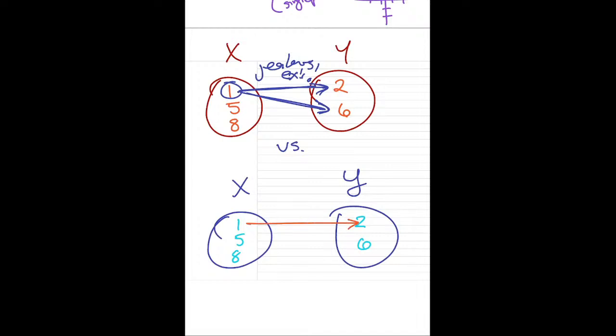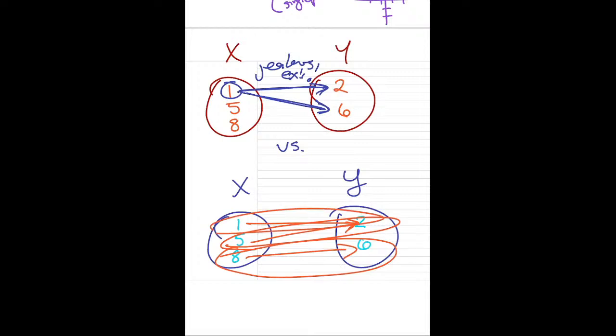This x, no problem. This is not a problem because each x is pointing to one y. Now, it just happens to be that these top 2 are pointing to the same y, but the x is only pointing to one y.